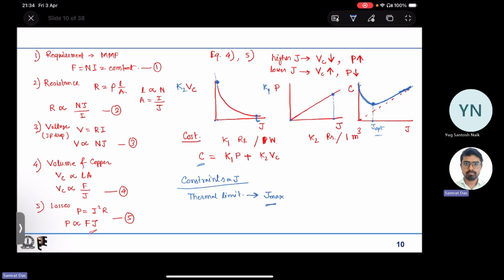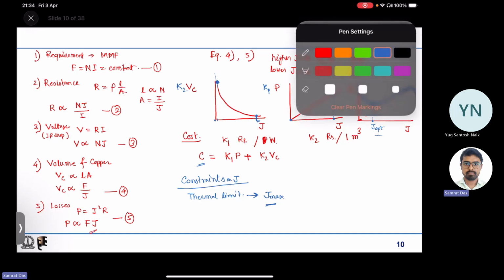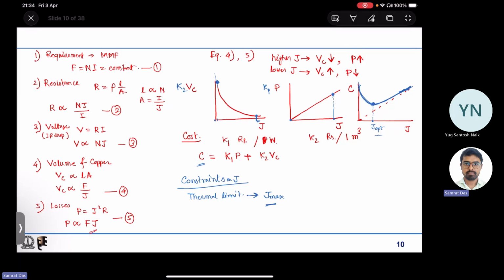So there is always a Jmax that is decided based on the thermal limit that you have, and that may be somewhere, say this is Jmax. That depends on some thermal limits. So your thermal equivalent circuit, you have to look at that. You have to look at your cooling, thermal heat flow.